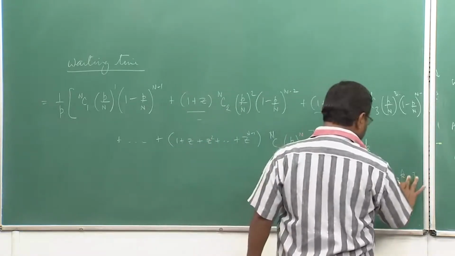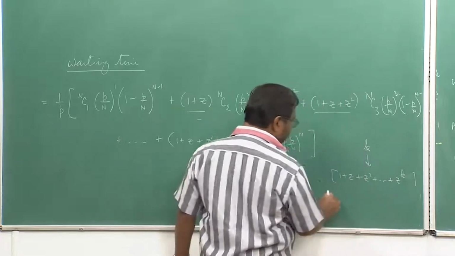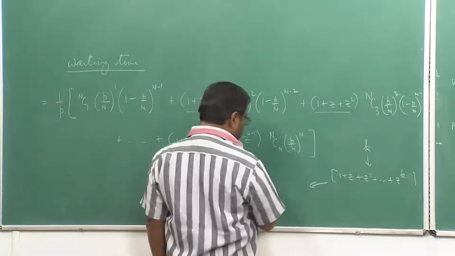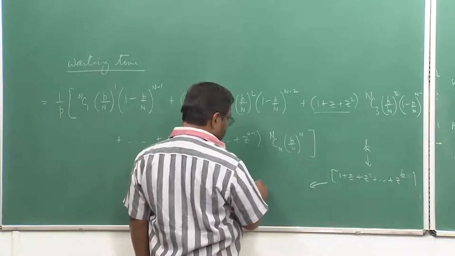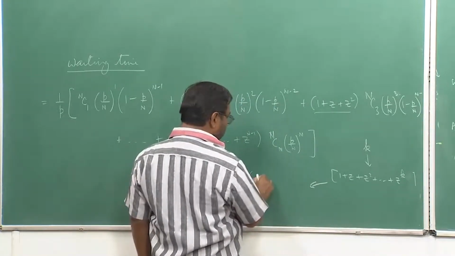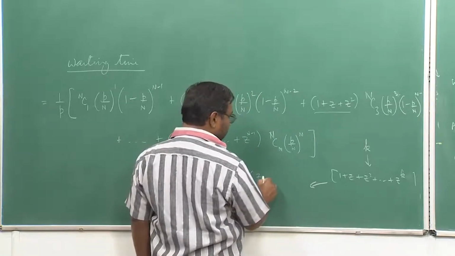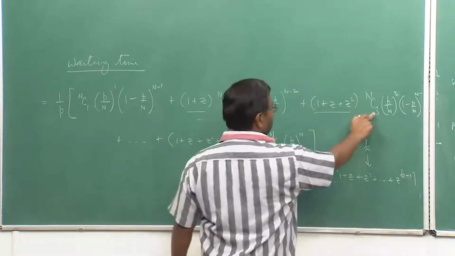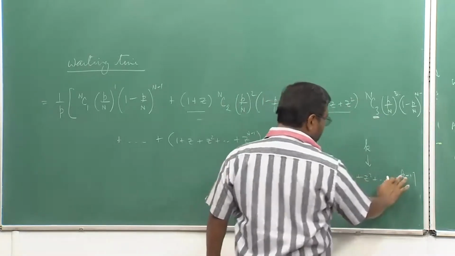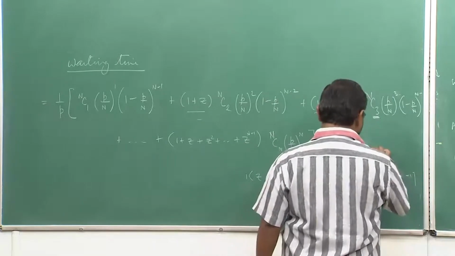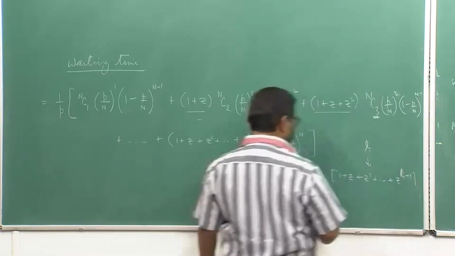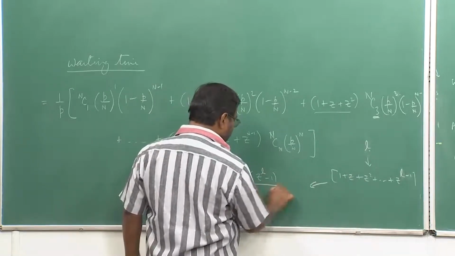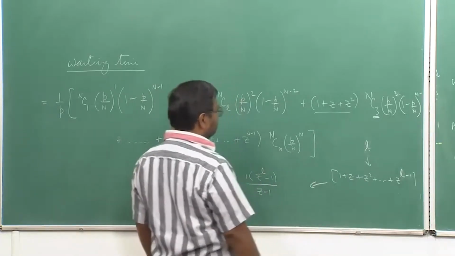So, I will take it as k. This summation is a geometric progression, and the rule is the first term, the ratio, which is z, and the total number of terms, which in this case, in fact let me put k minus 1 here itself, so that I can corroborate with this particular number, or let us use L minus 1. So, z raised to the power L minus 1 by z minus 1.